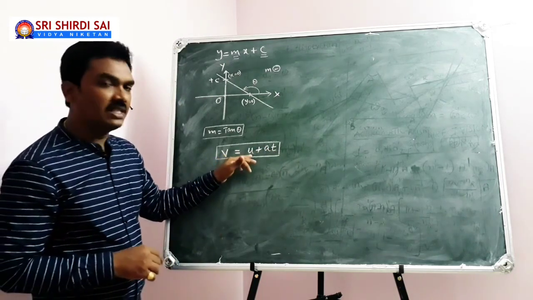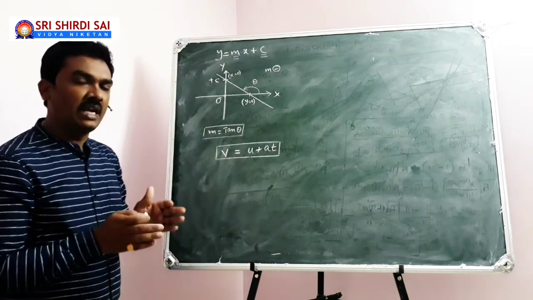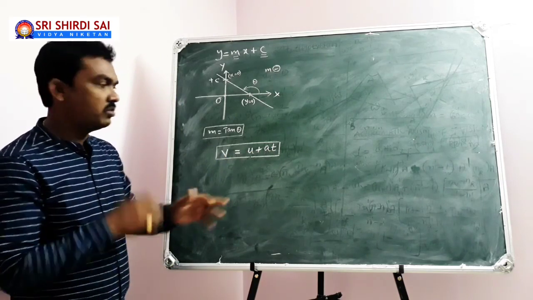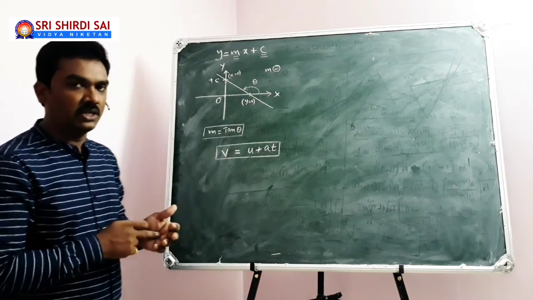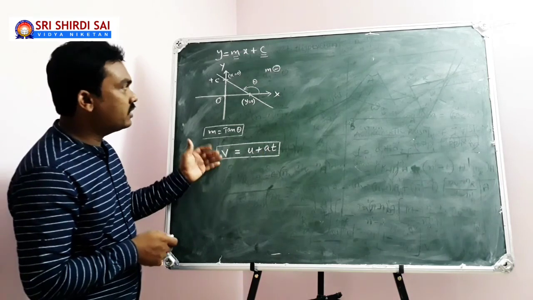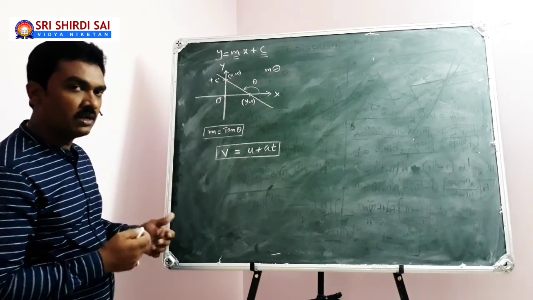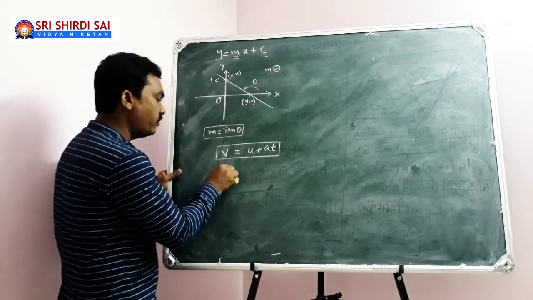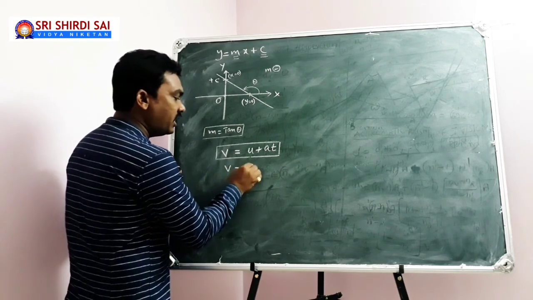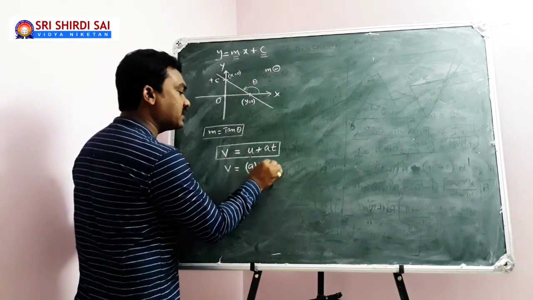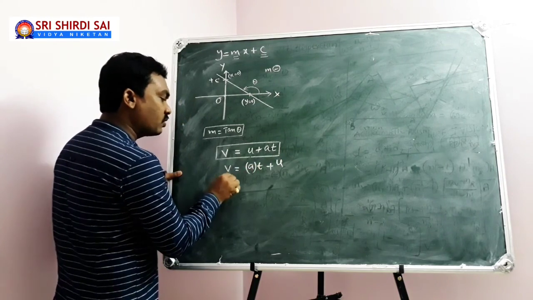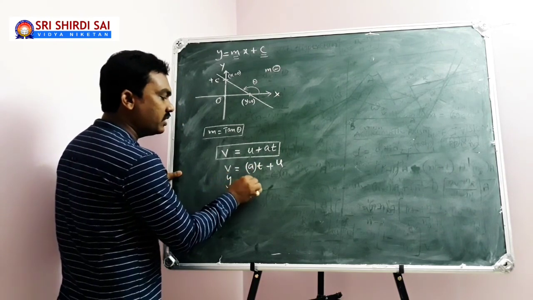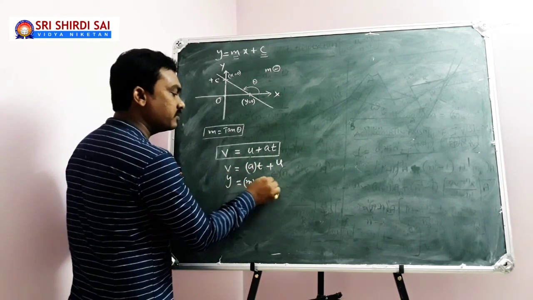Of course, u is the initial velocity, the velocity at t equal to 0, and a is the constant acceleration. Now let me compare this with y equal to mx plus c. Sir, how can you compare? Yes. v equal to a into t plus u, compare with y equal to m into x plus c.